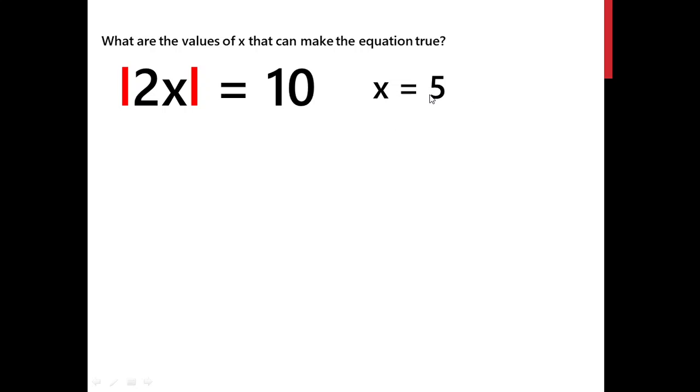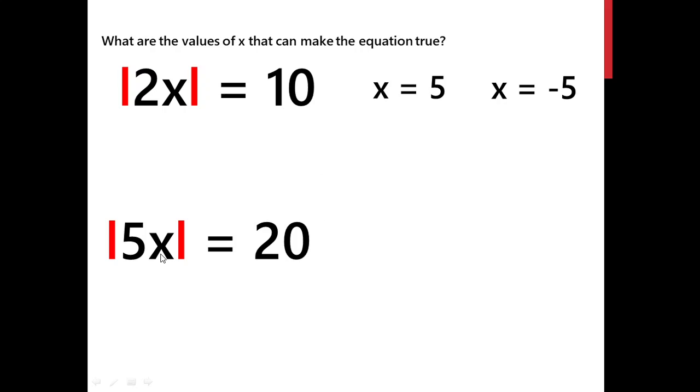Then it's correct because 2 times 5 is equal to 10 and the absolute value of 10 is equal to 10. And the other value of x is negative 5, because 2 times negative 5 is negative 10 and the absolute value of negative 10 is positive 10. Okay?